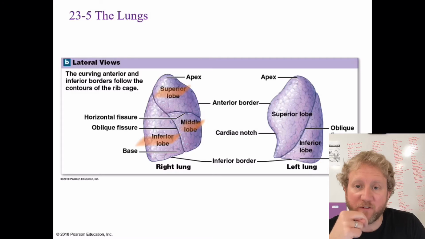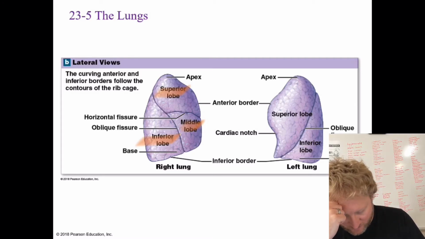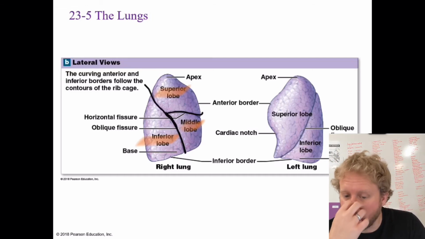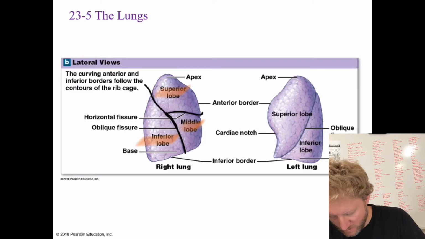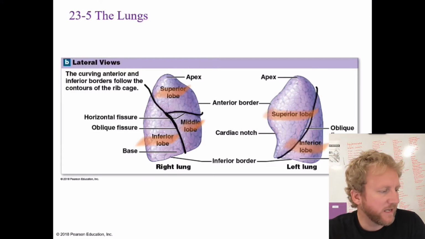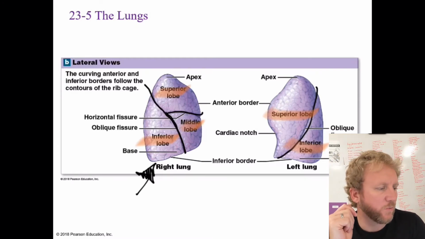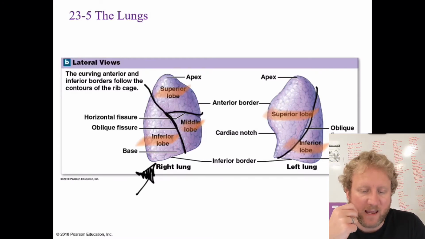And those lobes are separated by fissures. One is the horizontal fissure, and then the other one is the oblique fissure. And the left lung has 2 lobes with 1 oblique fissure, so it only has the superior lobe and the inferior lobe.